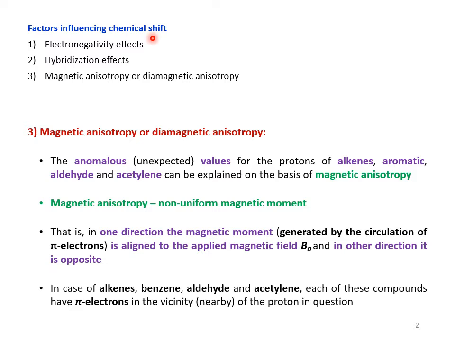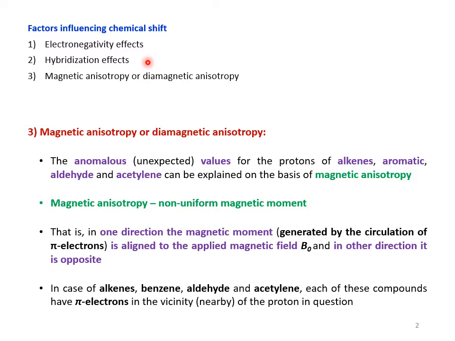The change in chemical shift can also be explained on the basis of hybridization effects, which also account for the electronegativity. We know that as the S character in the hybridization increases, the electronegativity of the hybridized carbon also increases.